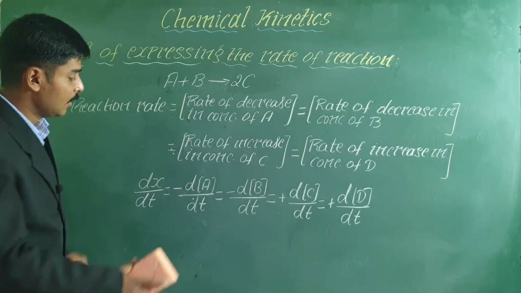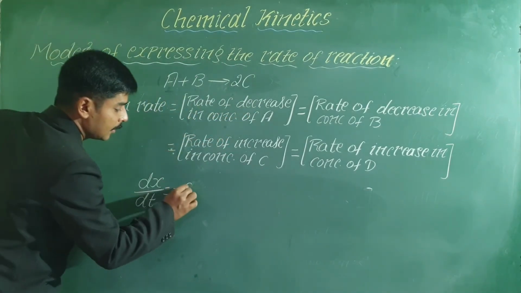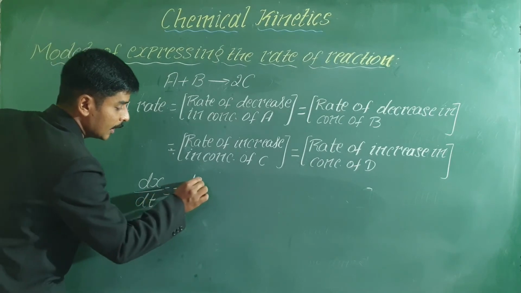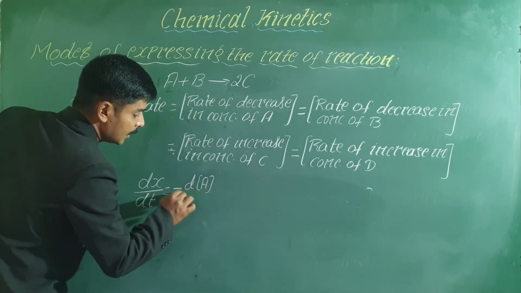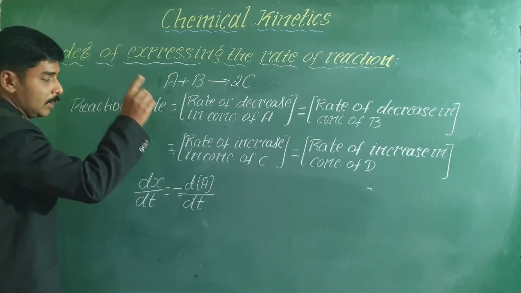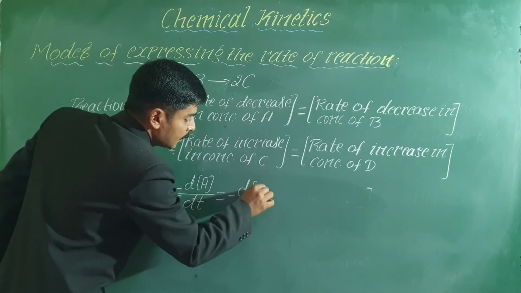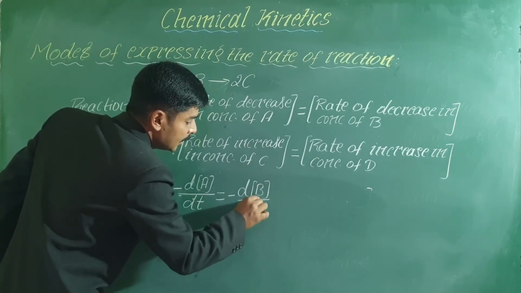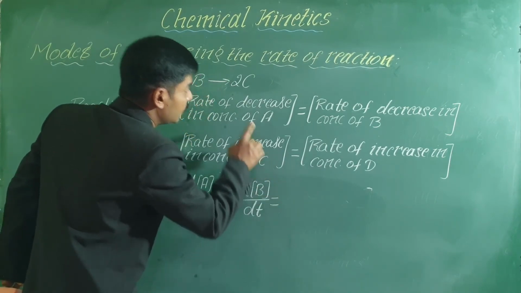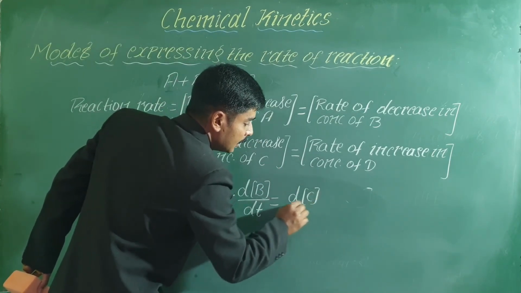For example, for this reaction, we write it as dx by dt is equal to minus dA by dt. What is the stoichiometric coefficient of A? It is 1. For B, it is minus dB by dt. For C, it is plus dC by dt.